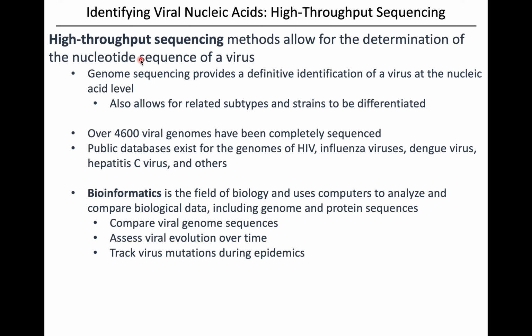So as DNA sequencing has gotten cheaper and cheaper over the years, this is really a more viable approach for identifying viruses. And the nice thing, if you have the whole genome sequence, is, not only are you infected with this particular virus, but you have this subtype, right? Or your infection contains this unique mutation, something like that, that could be very useful information to have.